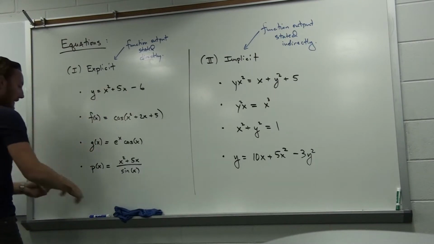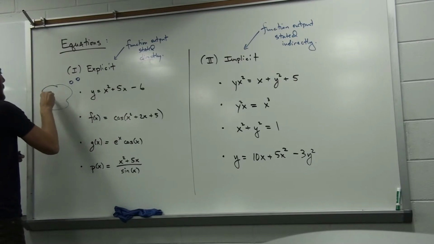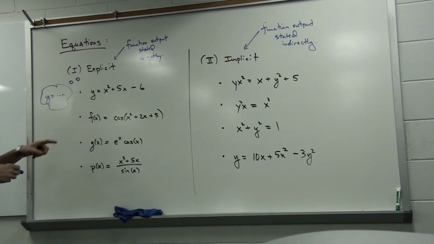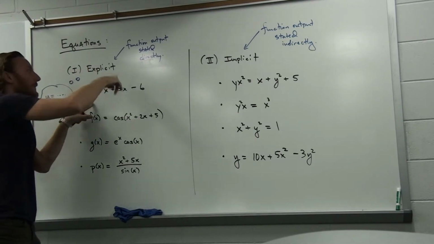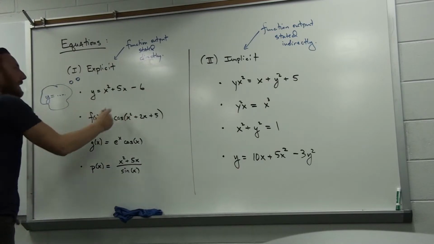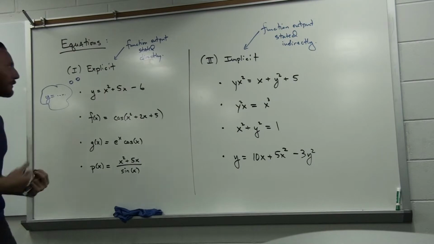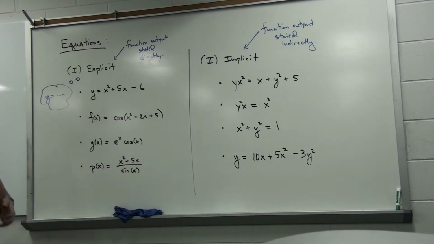Every explicit equation is of the form y equals something, and to be clear, that something involves nothing with y. So y equals x squared plus 5x minus 6. This is of the form y equals, and what y equals has nothing to do with y. That is explicitly stating what the output is. The output is x squared plus 5x minus 6.